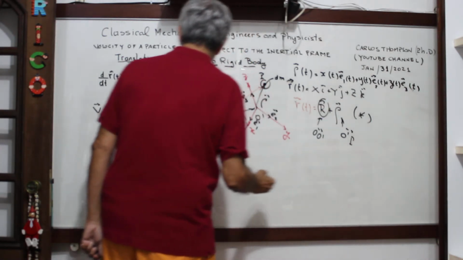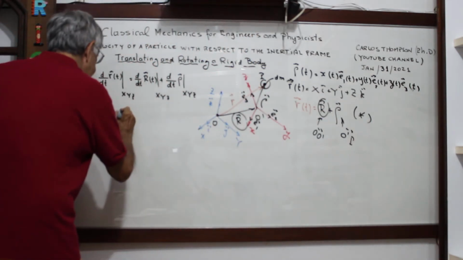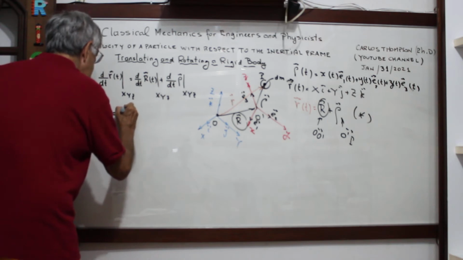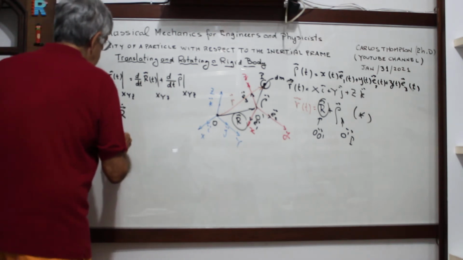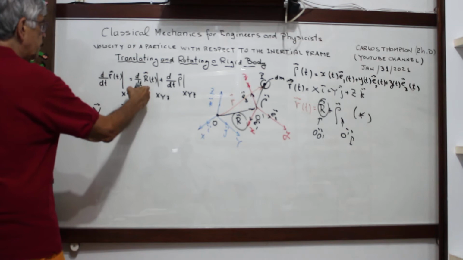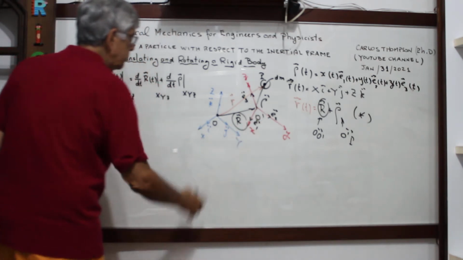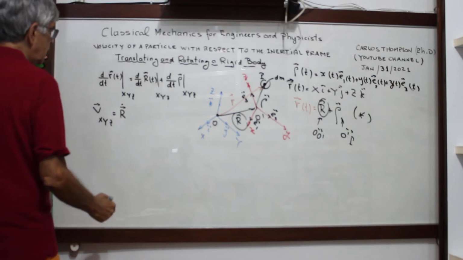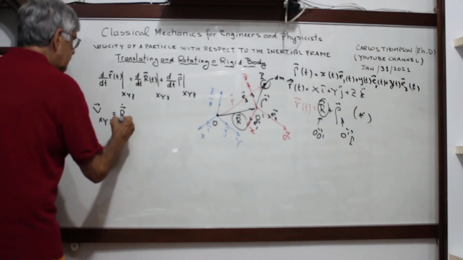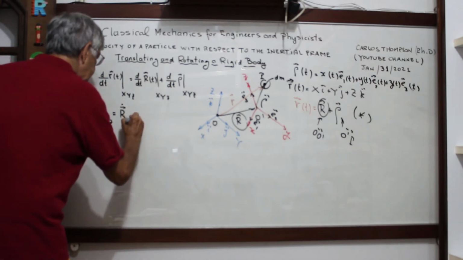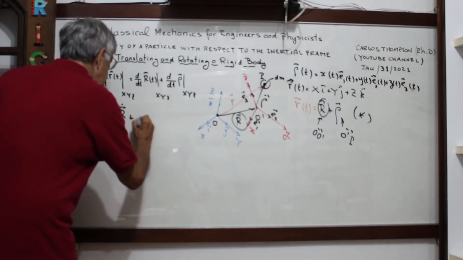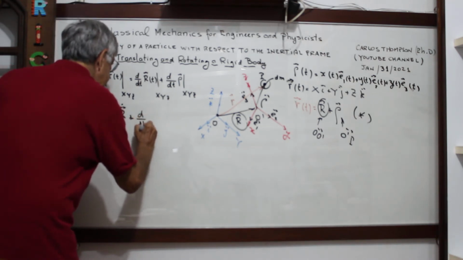R changes with the time. So I'll put a dot here, R dot. R dot is the derivative of the position vector of O prime with respect to O, and plus d/dt.